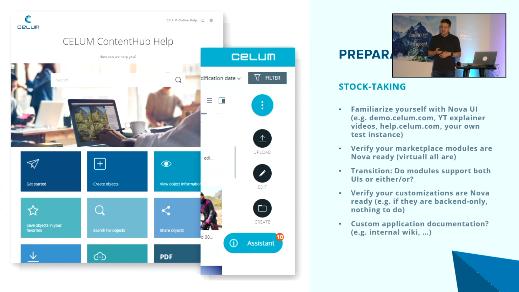If you have a test instance, you're welcome to update or simply enable Nova, because if you run a fairly recent version of Content Hub, it's already in there, albeit probably not with those latest features. Or there's also always the possibility to approach us to get an account on democelum.com, where you can try Nova yourself in a sandboxed environment.